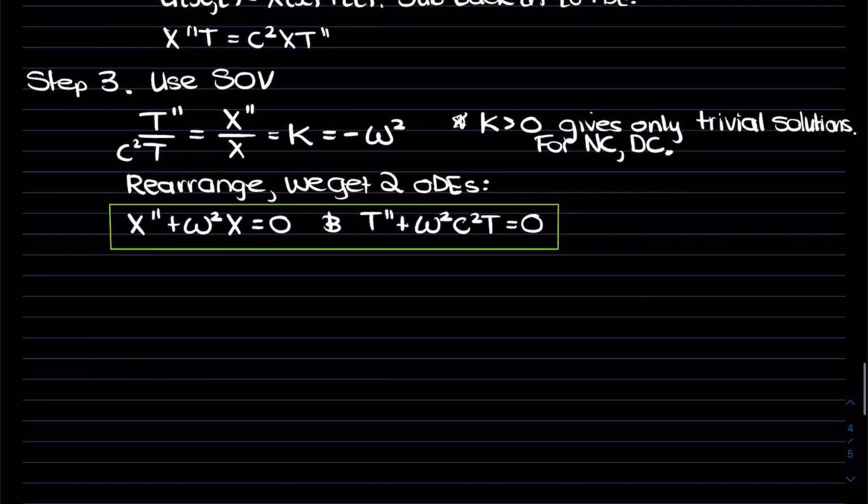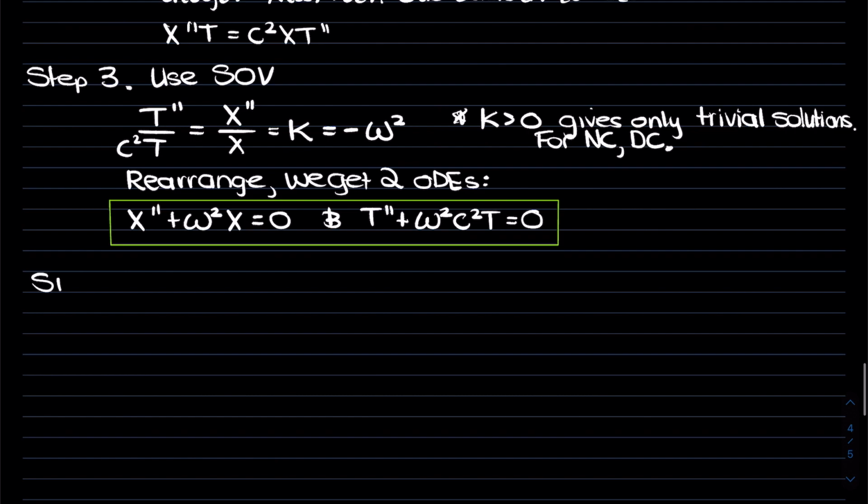Right, so step 4 is to use the boundary conditions, which should both be homogeneous. If they're not, you need to use another method to make them homogeneous, but that is a separate video. So we use the boundary conditions with our ODE X'' plus lambda squared X equals 0.